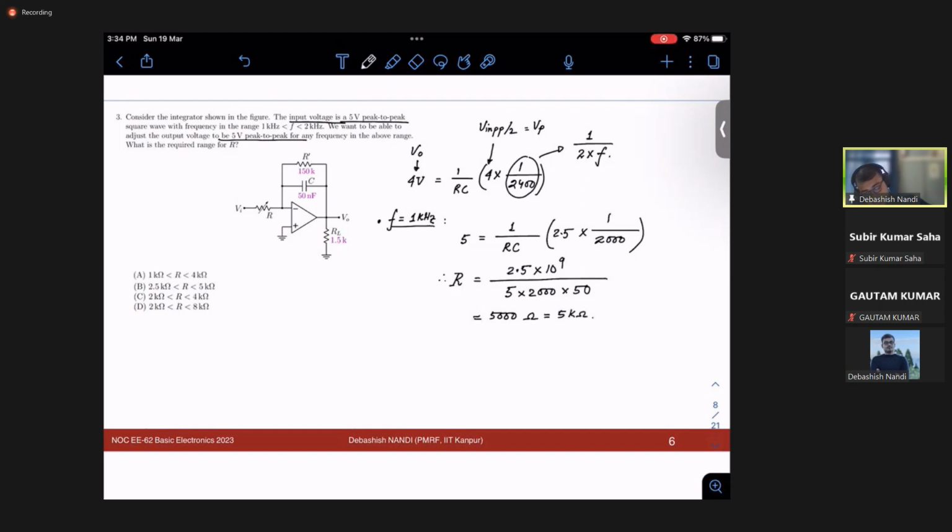Again, for f equal to 2 kilohertz, see the range of the frequency in the question, 1K to 2K. So if f equal to 2 kilohertz, this term will be multiplied by 2. So 5 kilo ohm will be divided by 2, right? So it will be 2.5 kilo ohm.